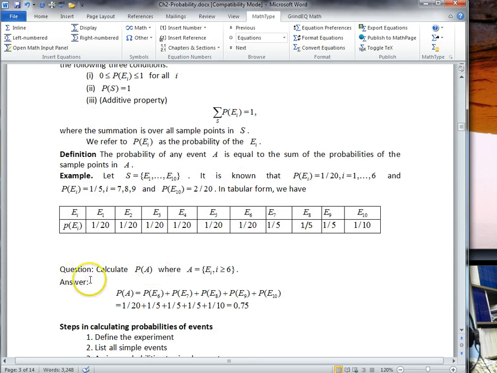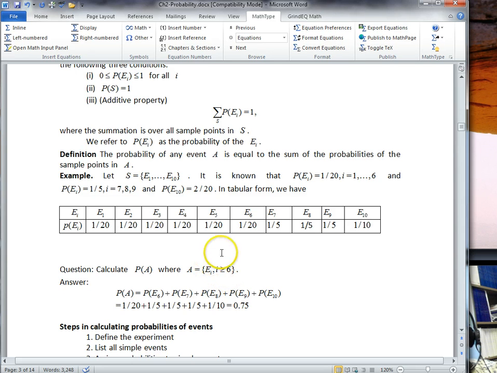Question: calculate the probability of A where A is E sub i, i greater than or equal to 6. So how do we compute that? Based on this definition, we want to find out what elementary events are in A and add their probabilities. So i should be more than 6, including 6.